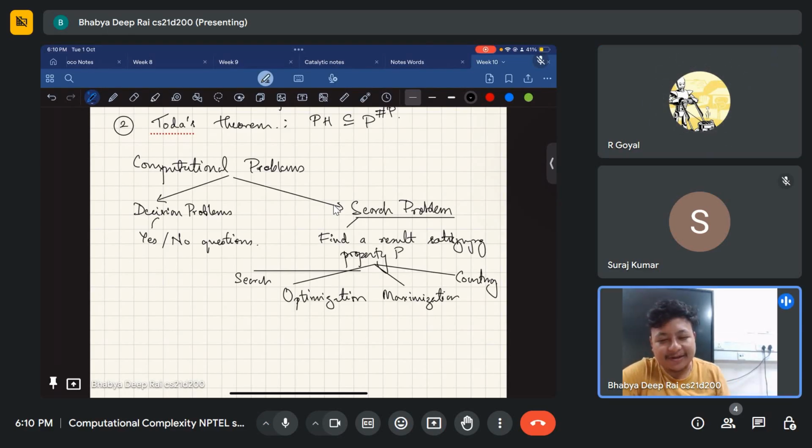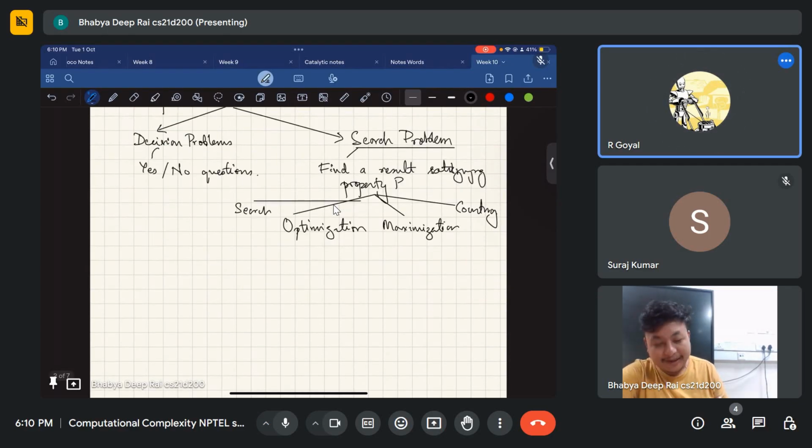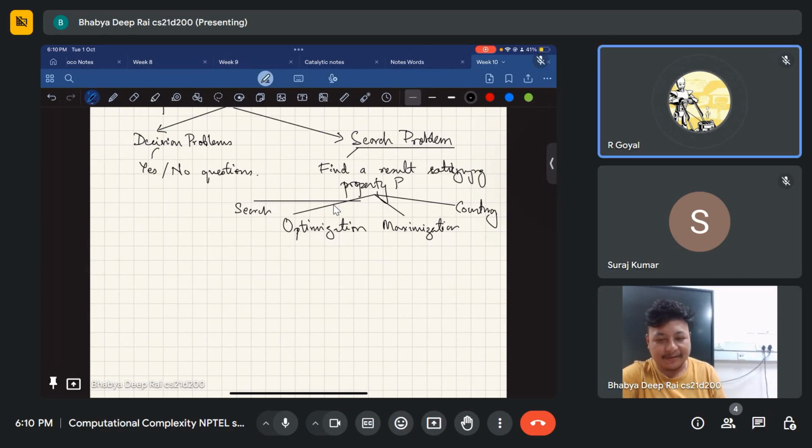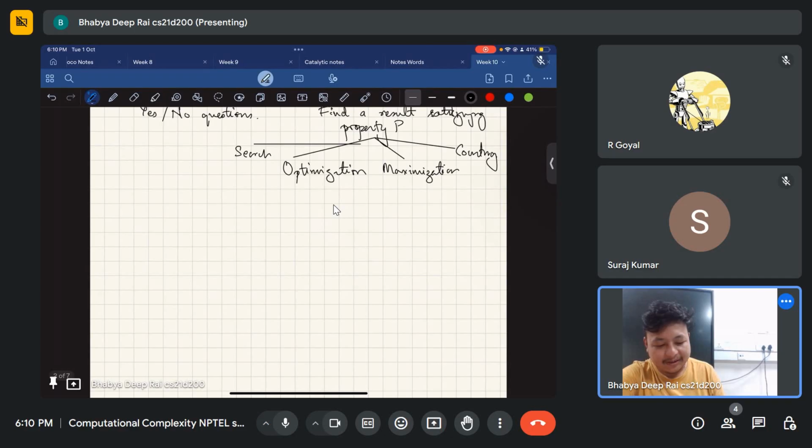Yeah, it is correct that every optimization problem can be solved by a decision problem. And vice versa, every decision problem can also be solved by optimization problems, but the trade-offs are different. Okay, I'll give you an example.